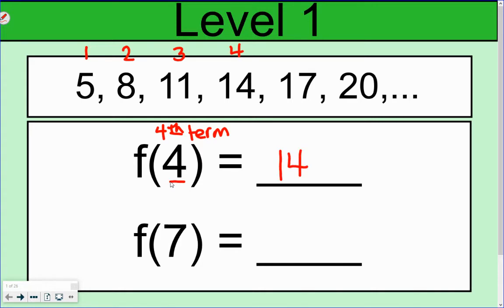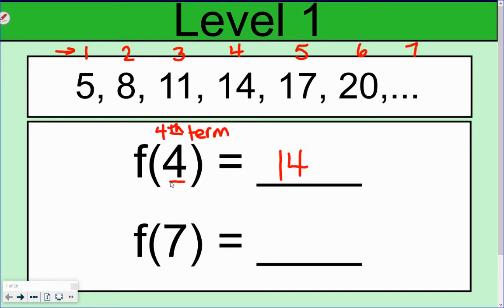We talked a little bit about the fact that the domain of a sequence is the natural numbers. So these are essentially our x values, and these are essentially our f of x values. So if I want to find f of 7, let's see, this one is 5, this one is 6.